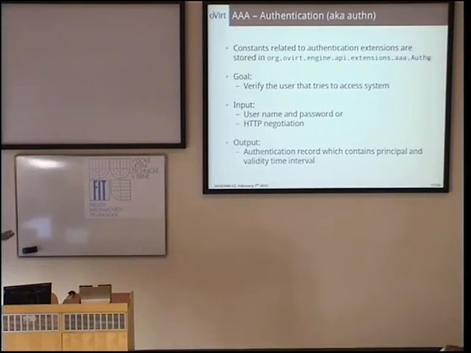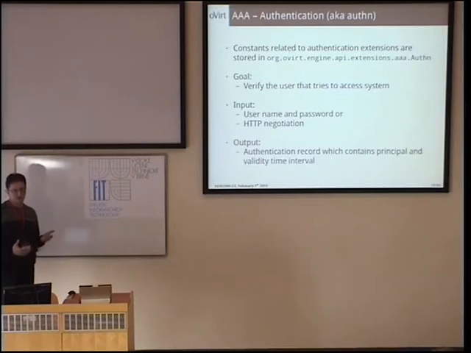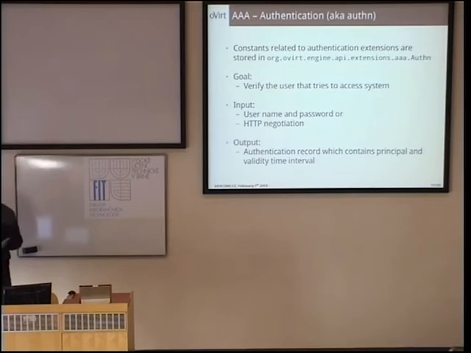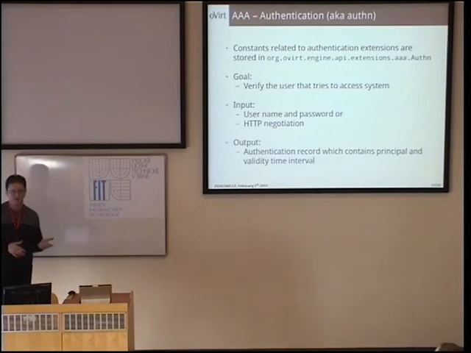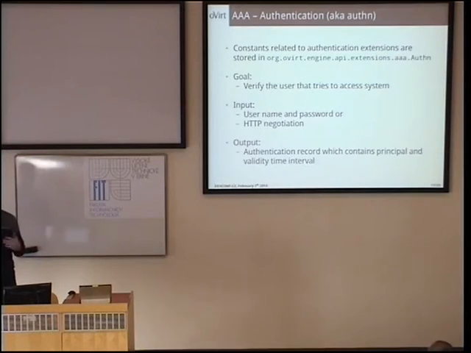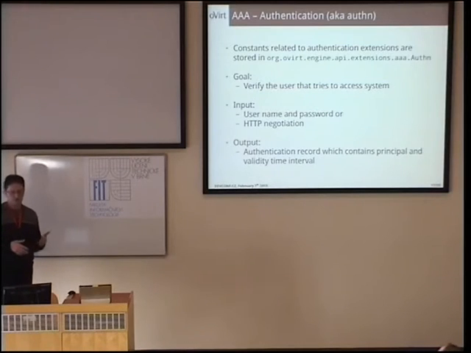The goal of this step is to verify who the user is that is trying to access the system. The input of the step can be either username and password or HTTP negotiation. And the output is something that we call an authentication record, which contains principal and validity time interval.